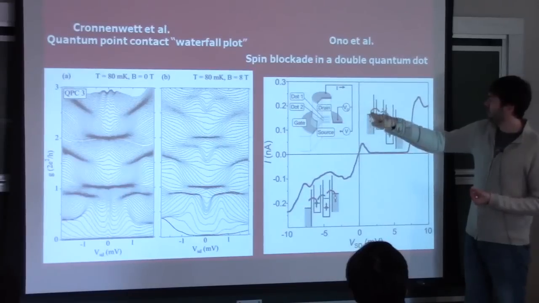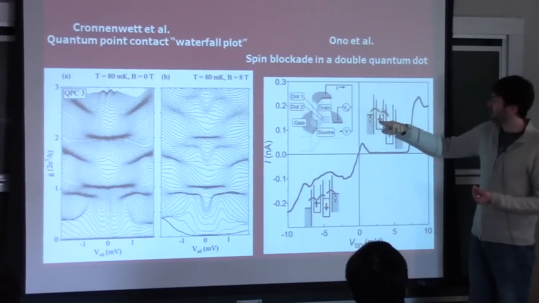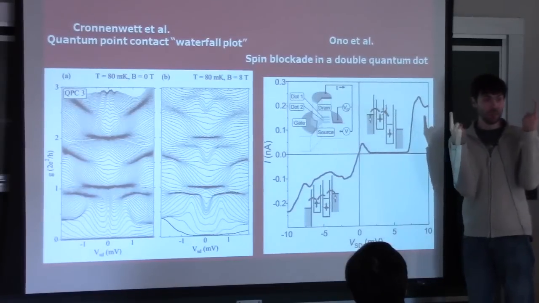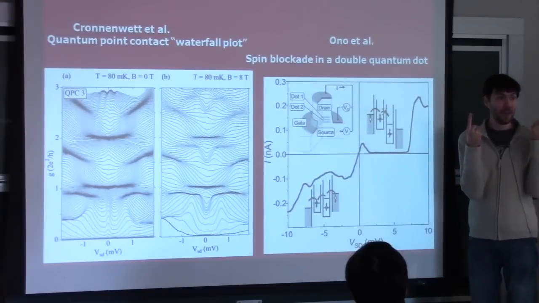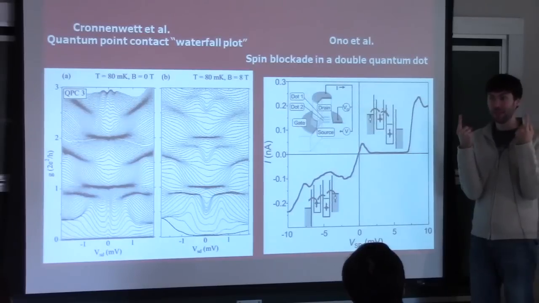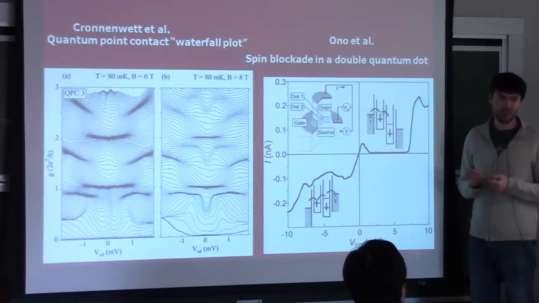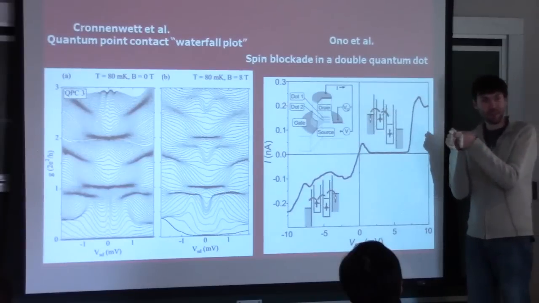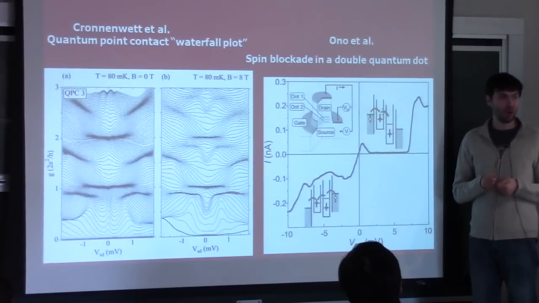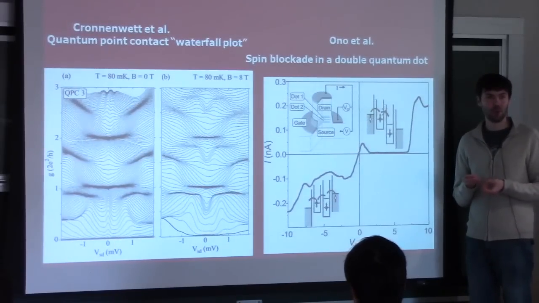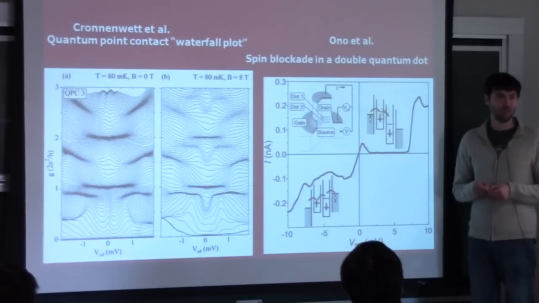Then if another spin-up electron comes into this island, then the two of them have spins in the same direction. Actually, that means the transport is stuck, because two electrons of the same spin are not allowed in the same small space. This is the Pauli exclusion principle. Two particles with the same quantum numbers cannot occupy the same quantum level.